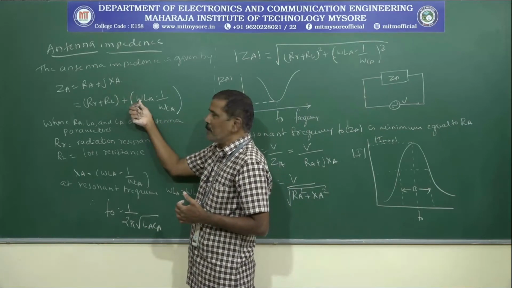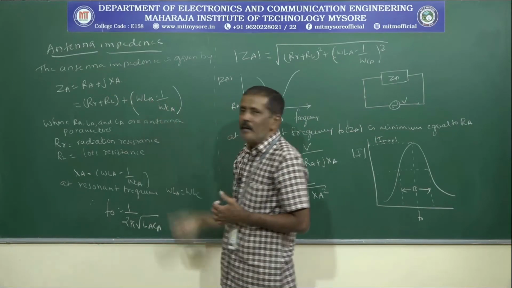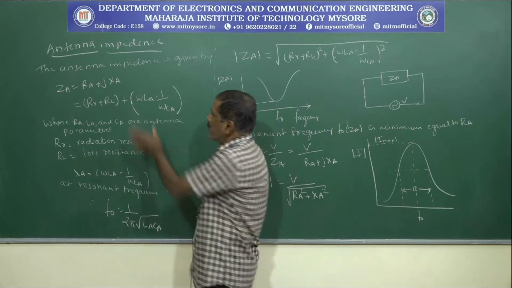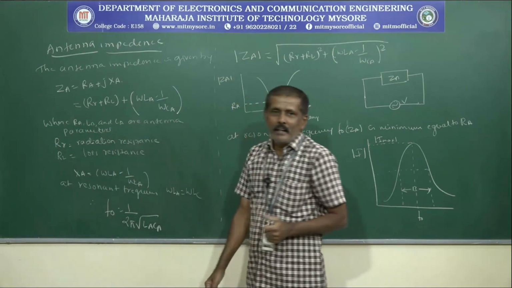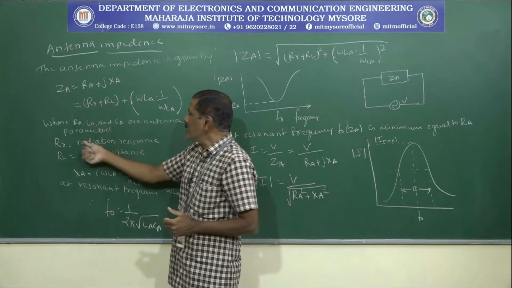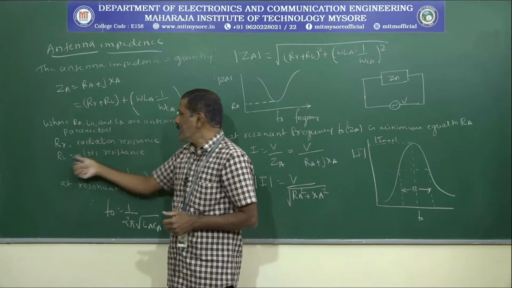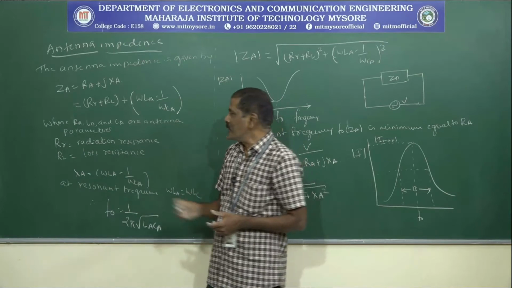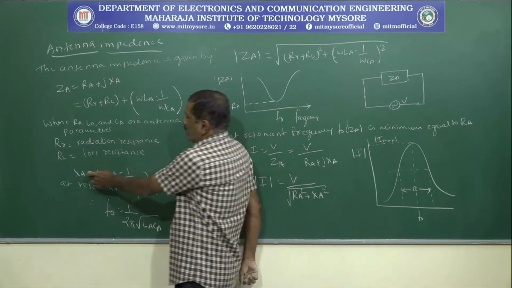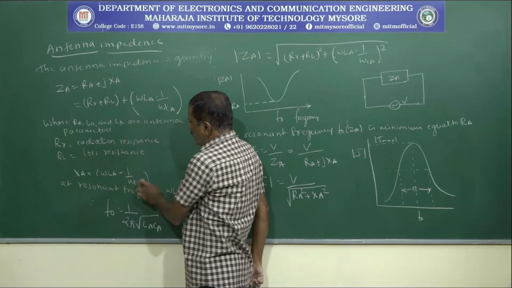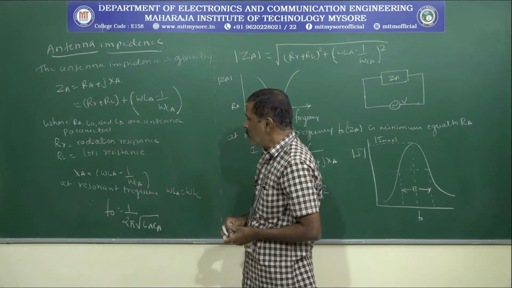Therefore jXA can be replaced by omega LA minus 1 by omega CA. In this, RA, LA and CA are the antenna parameters. RR is the radiation resistance and RL is the loss resistance, and XA is equal to omega LA minus 1 by omega CA.